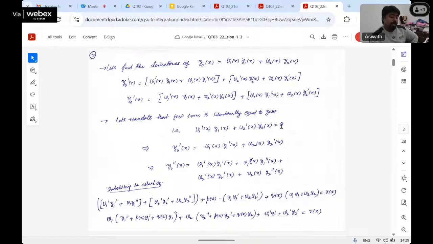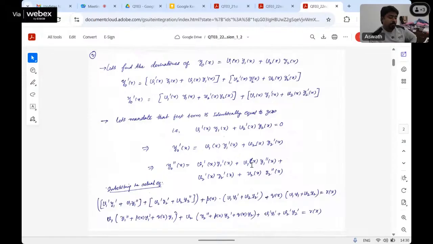So let's put that assumption equal to 0. If that is mandated, I'll have y0'(x) equal to v1 y1' plus v2 y2', which gives y0''.